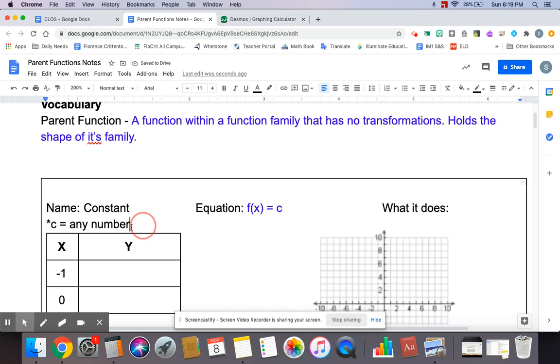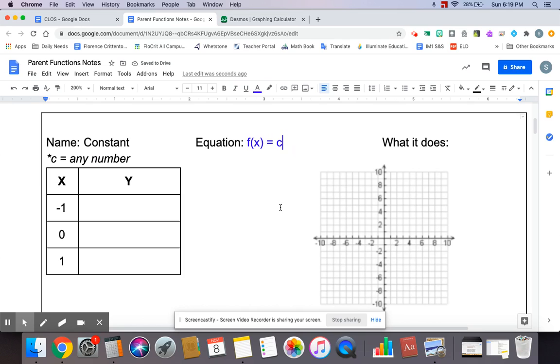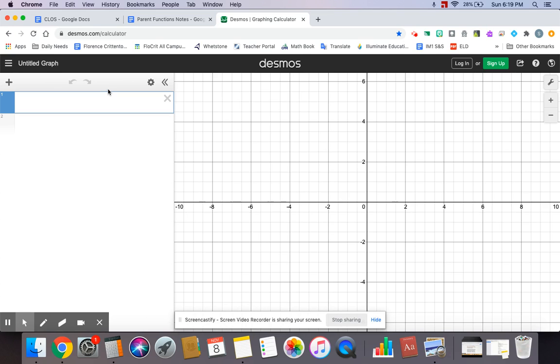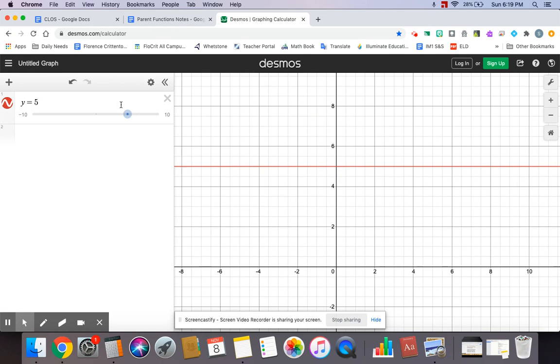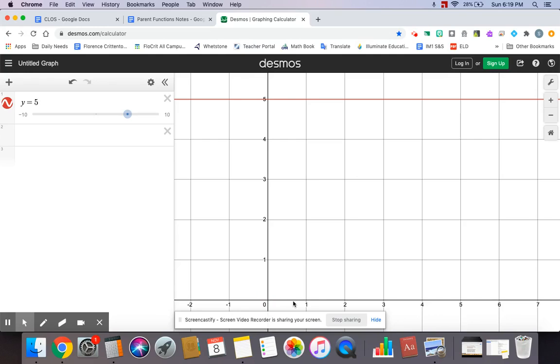The important part here is that for constants, there's no x to plug into. If I picked any number, for example, y equals 5, because there's no x to plug into, if x is 1 and I go to where the graph is, the answer is 5. If x is 4, the y is 5.